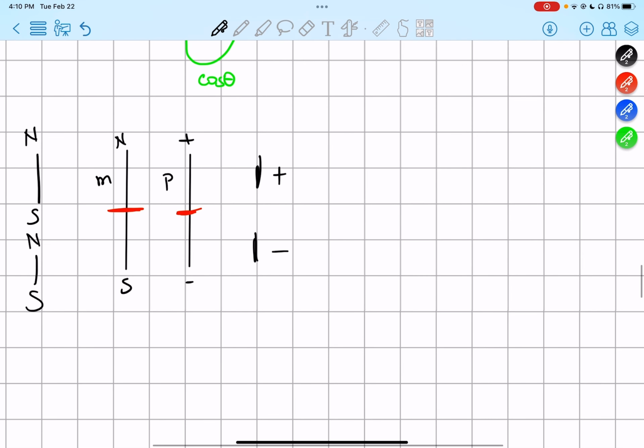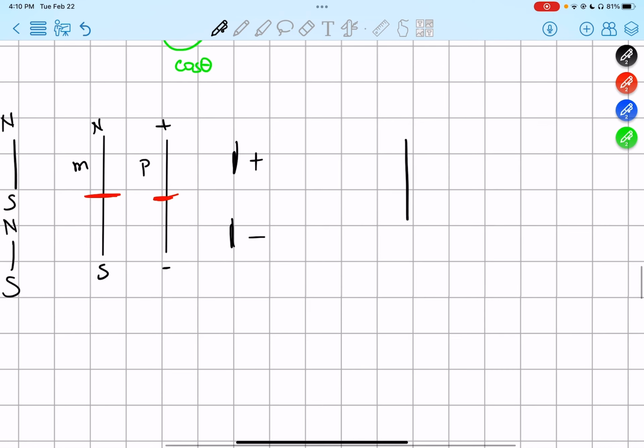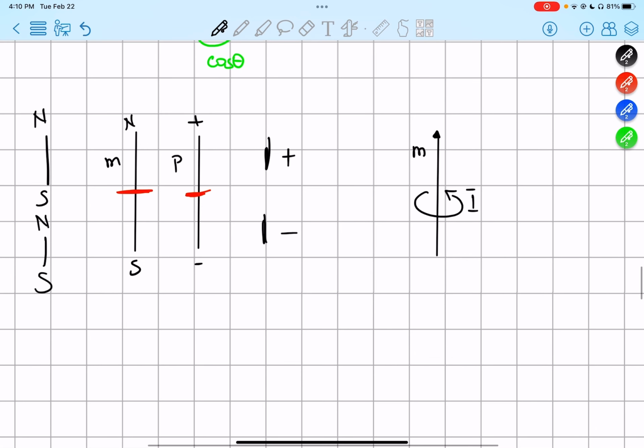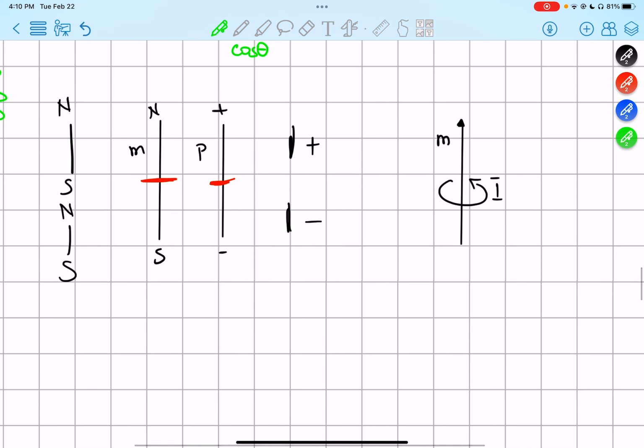So the best way of thinking about it is through the concept that we have a magnetic moment when we have moving current. We have something like this, right? The one on the right, which is the right way, is called Ampere's model.